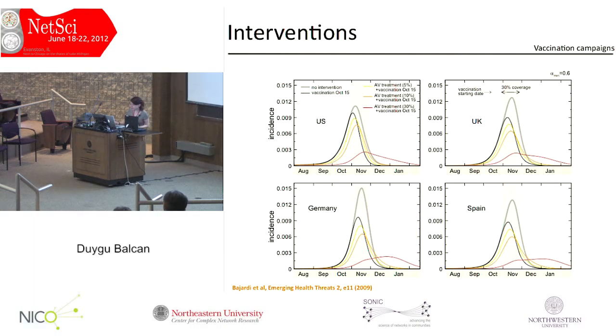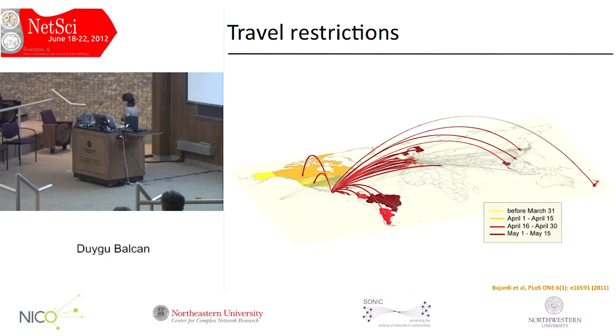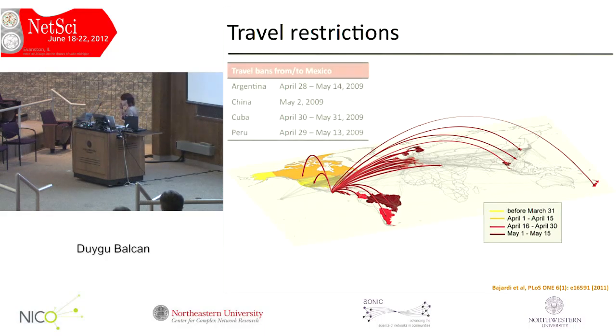Another intervention strategy, which is always questioned during pandemics: since the spreading is driven by mobility of individuals, why don't we just reduce our travels? Some countries, right after the international announcement of the outbreak, applied bans to direct flights to and from Mexico.